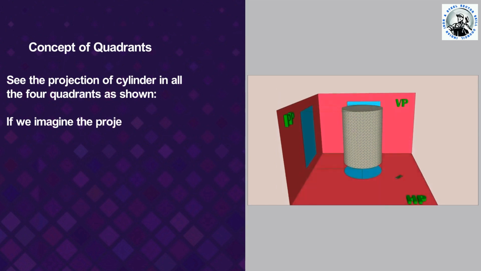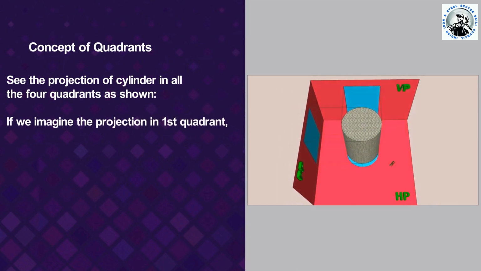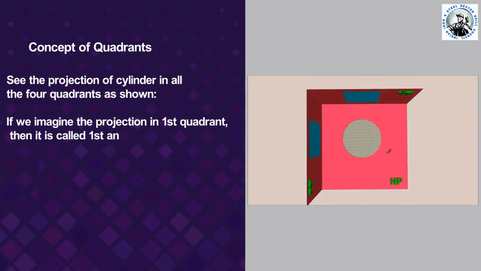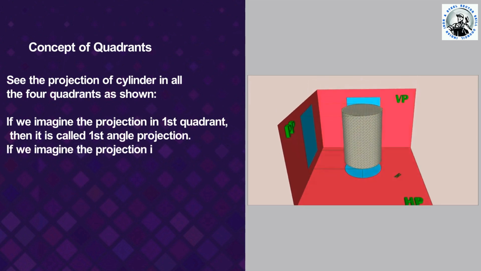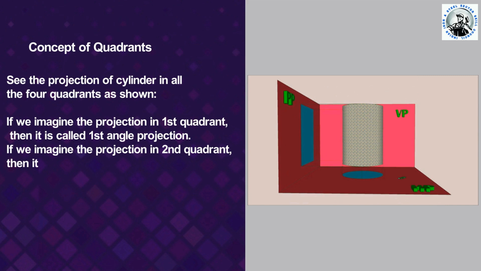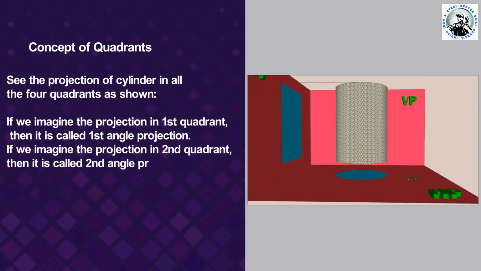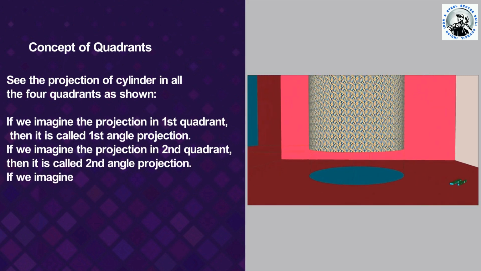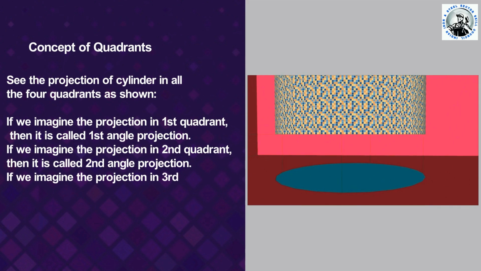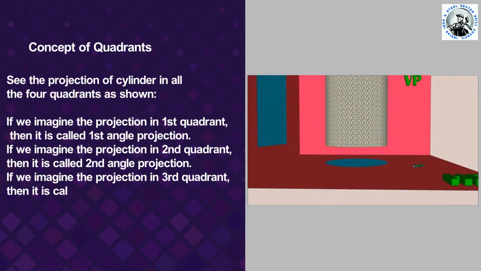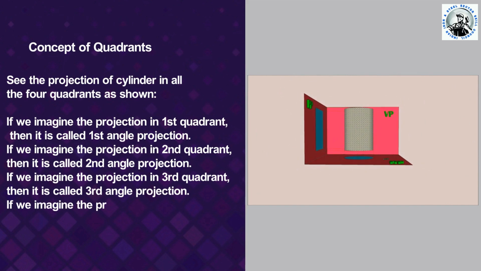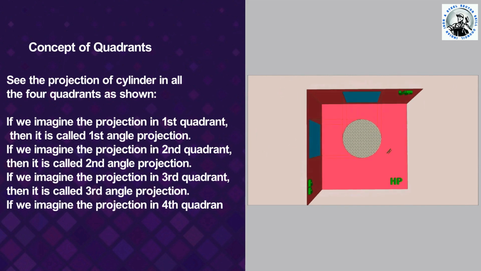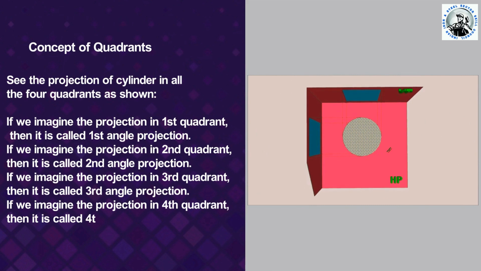If we imagine the projection in first quadrant, then it is called first angle projection. If we imagine the projection in second quadrant, then it is called second angle projection. If we imagine the projection in third quadrant, it is called third angle projection. If we imagine the projection in fourth quadrant, then it is called fourth angle projection.